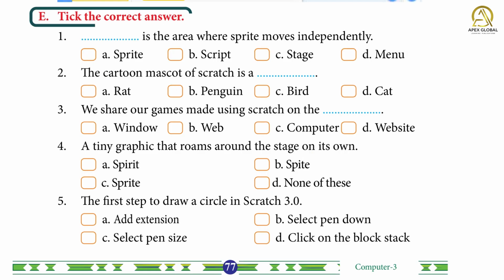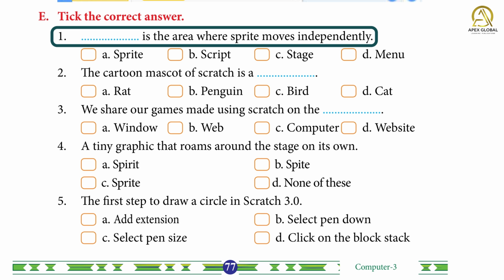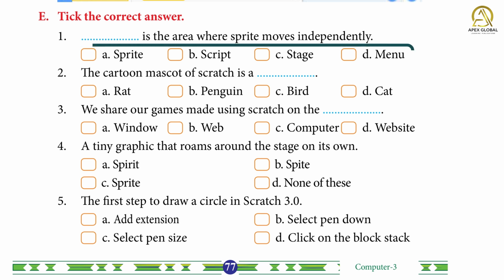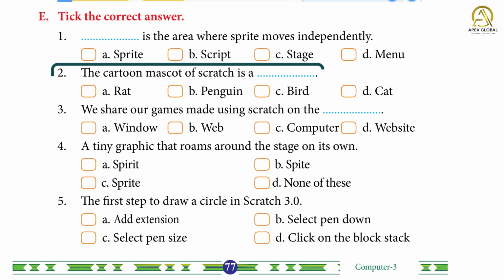E. Tick the correct answers. 1. Dash is the area where sprite moves independently. A. Sprite. B. Script. C. Stage. D. Menu. Answer: C. Stage. 2. The cartoon mascot of Scratch is a dash.